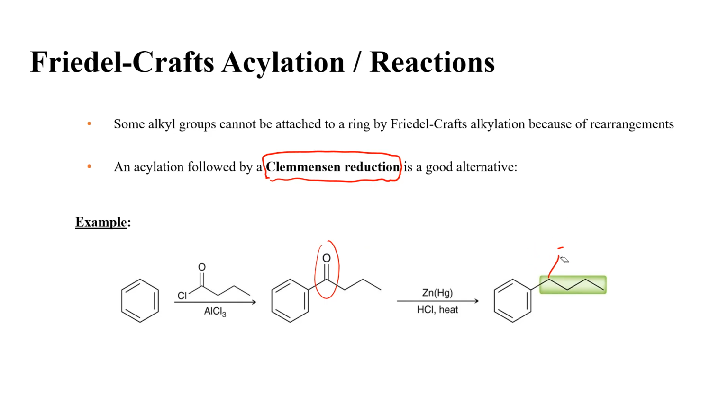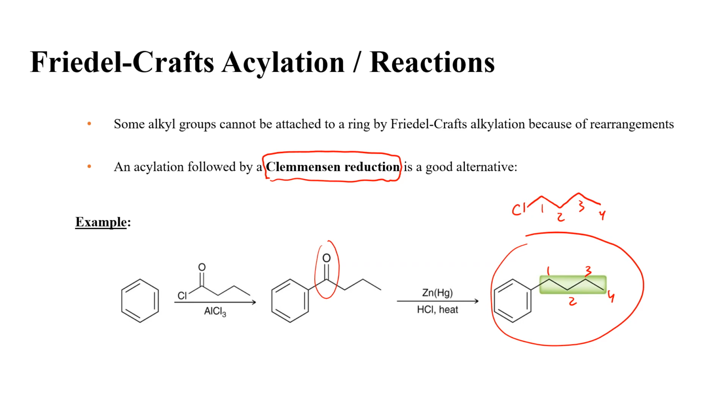Now, was it possible to make this product before? No. Because if you try to make this product with, I'm just going to draw the alkyl chain that's added on here. It's 4 carbons, right? 1, 2, 3, 4. If you started with the alkyl halide, let's just put a chloride there.